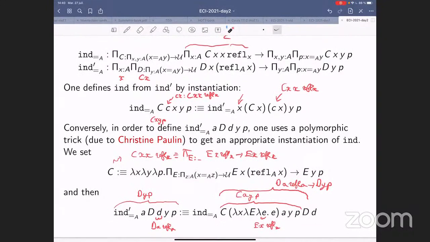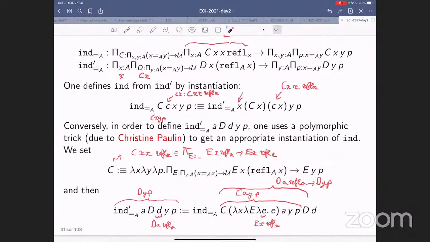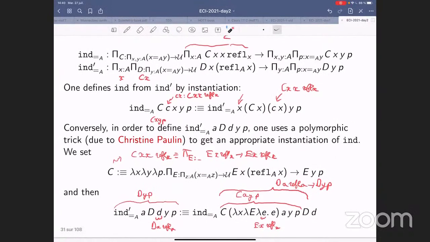But what is Cx reflex? I wrote it. So we expect this body here to be of type Cx reflex.